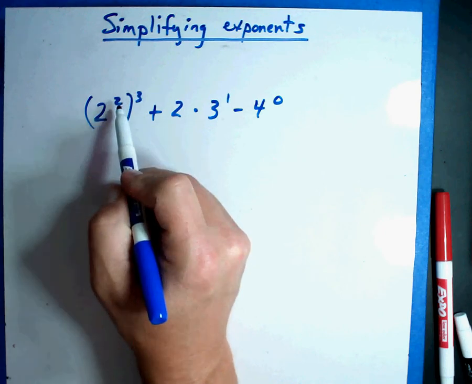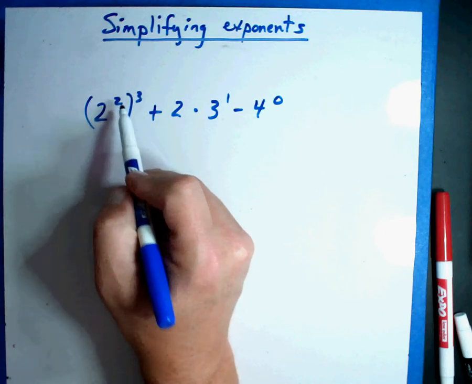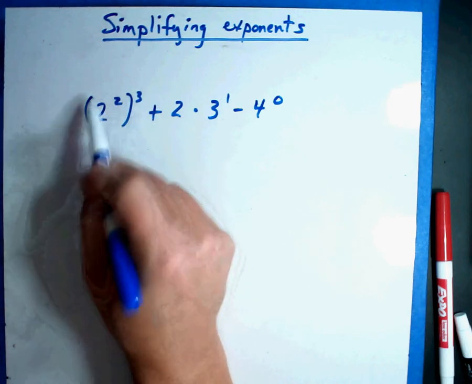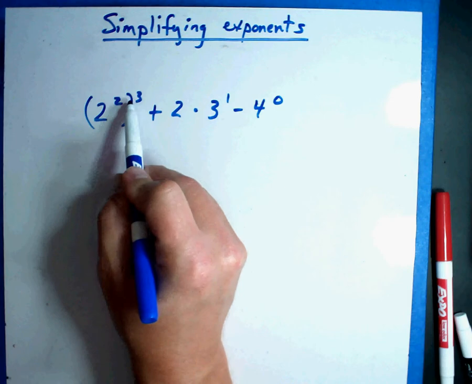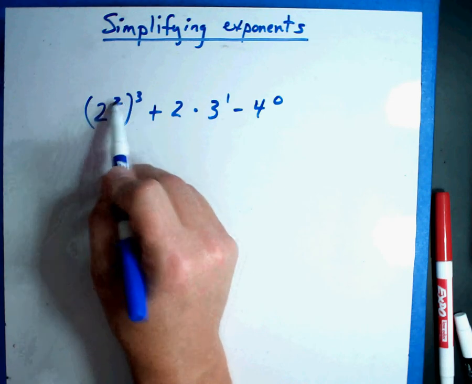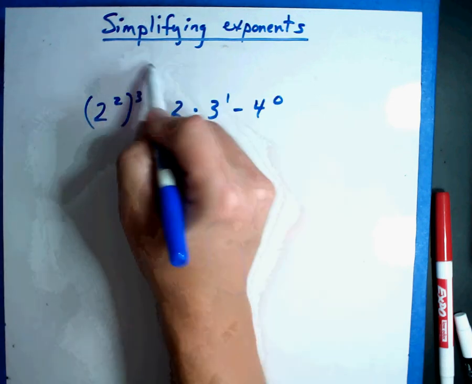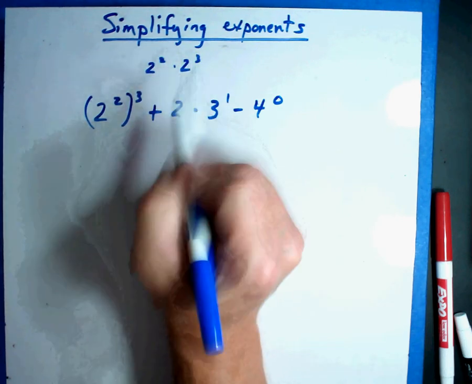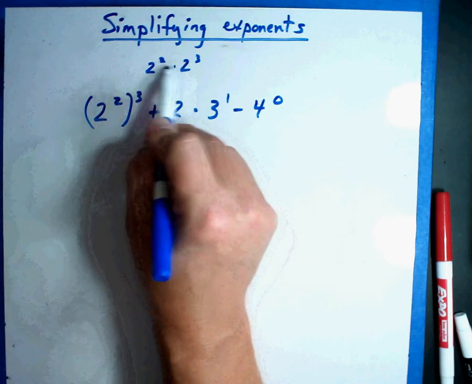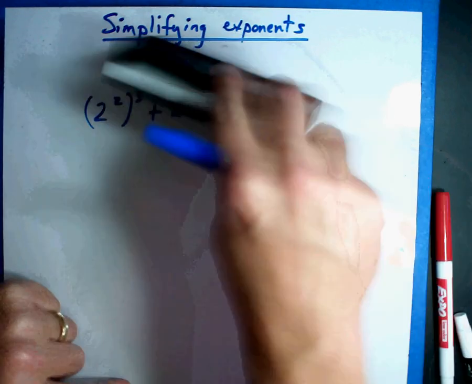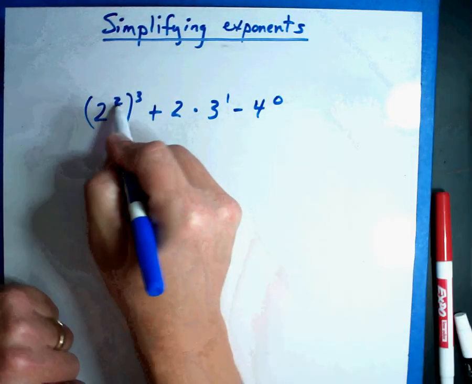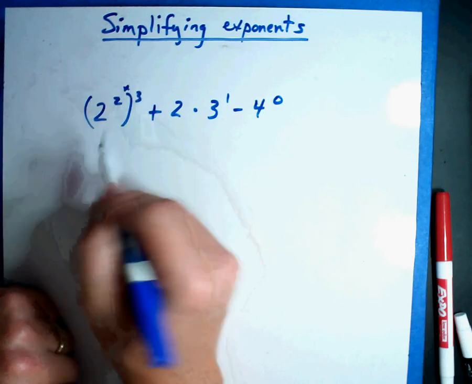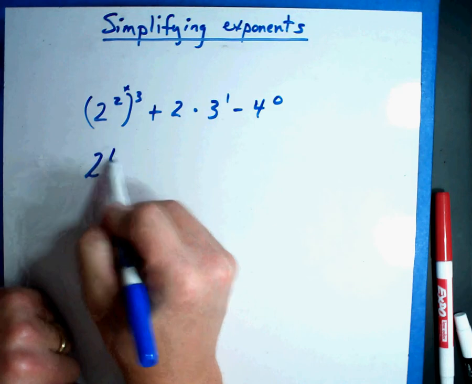That ends up being, excuse me, I said that incorrectly. I have a squared cubed. Those aren't multiplied. That's a squared cubed. Well, if we had something like this, 2 squared times 2 to the 3rd, you would add them together like we just saw. But in this case, this is different. You have a squared that's now cubed. So in this case, you're going to multiply. So it's going to become 2 to the 6th.